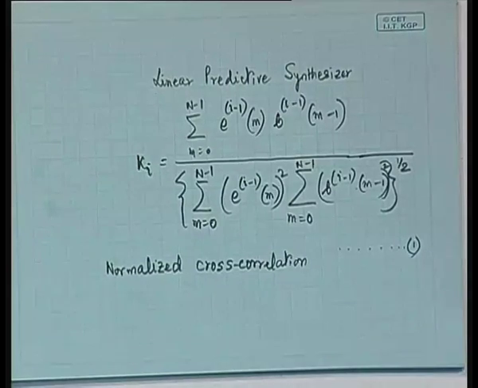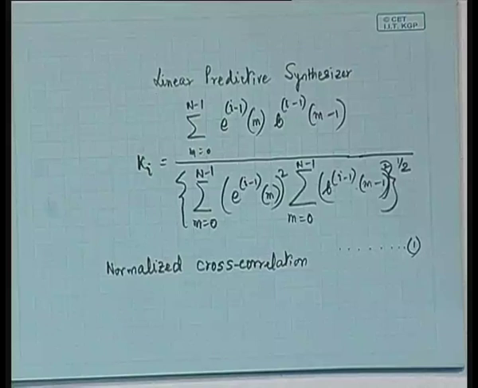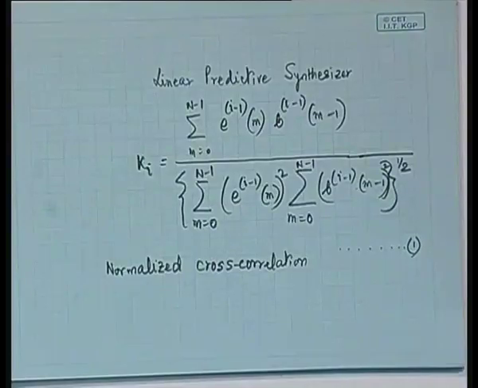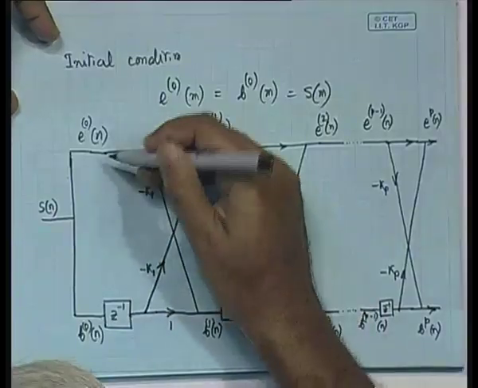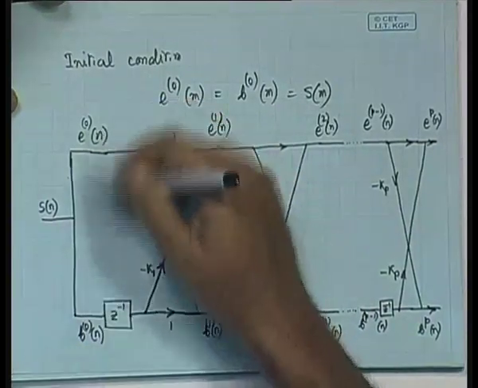So we use the lattice. Just this diagram, you see E0 and B0.